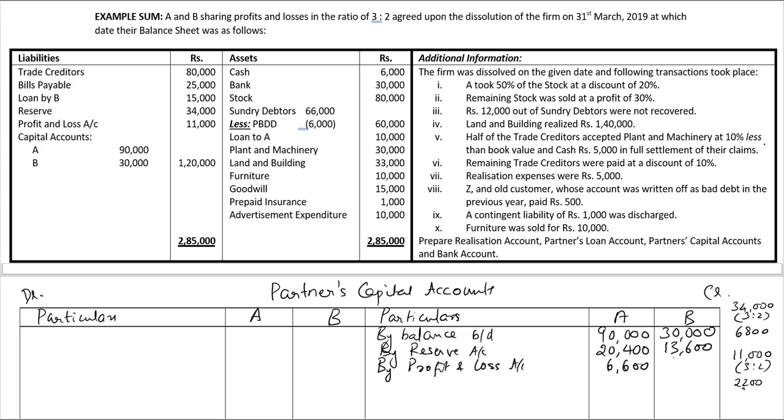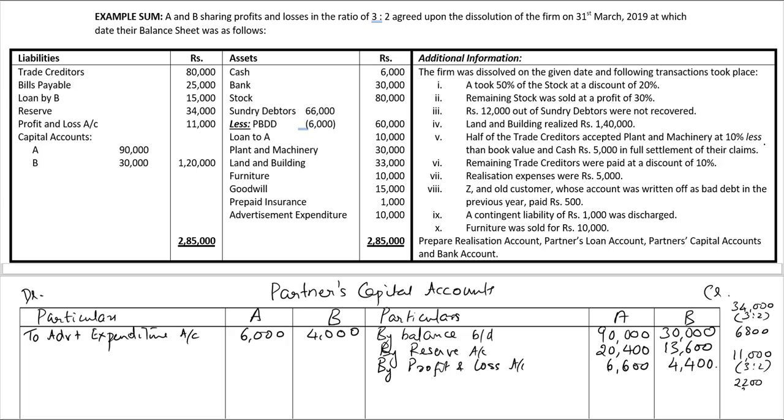And in the case of B, it's 2,200 multiplied by 2, which is 4,400 rupees. We need to write off the advertisement suspense expenditure shown in the asset side of the balance sheet. 10,000 to be written off in 3:2, 6,000 against partner A and 4,000 against partner B.